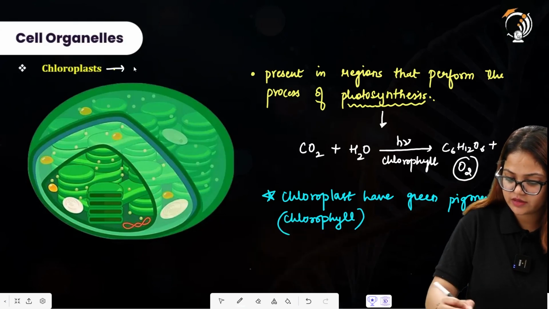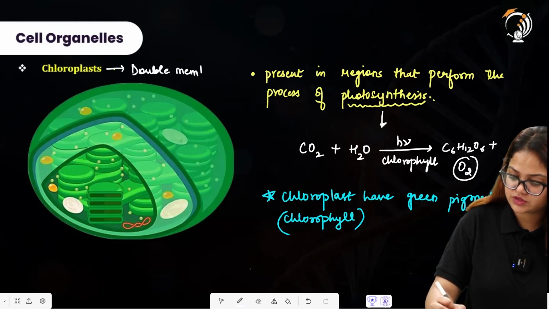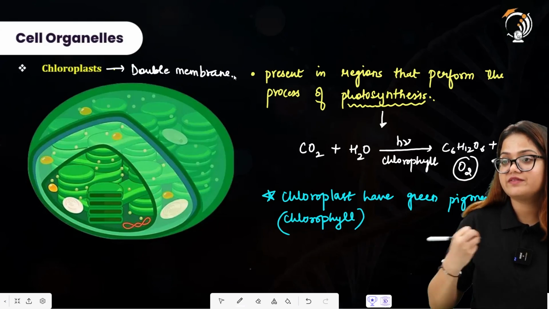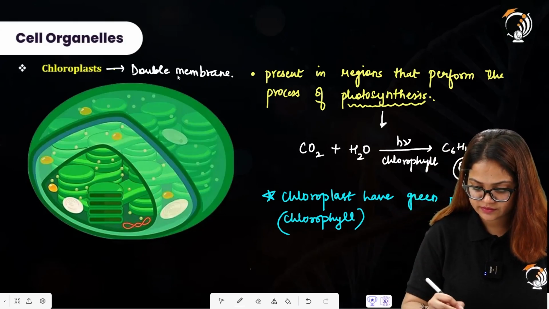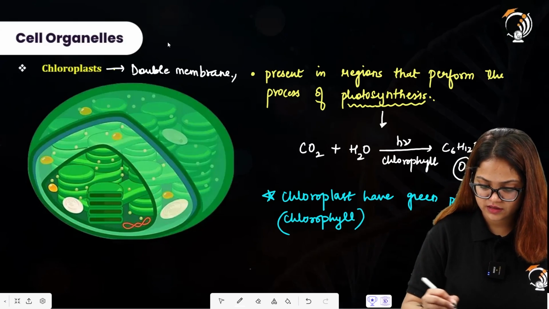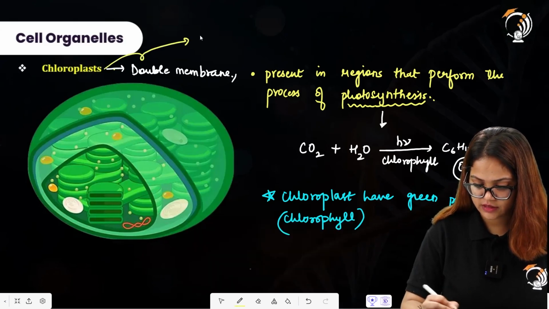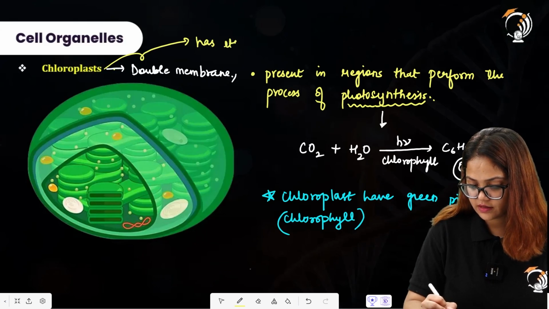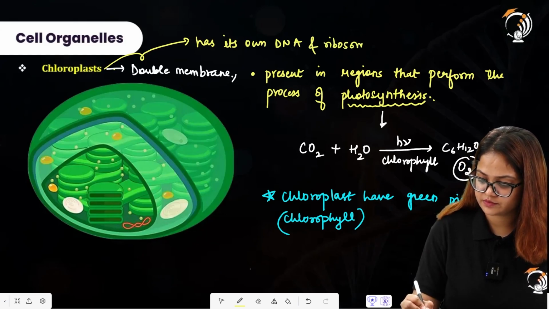So we have a double membrane structure. Since we have just understood that it also has its own DNA and ribosomes.